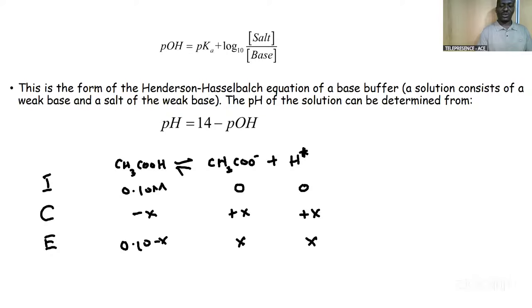All right. So all you need to do is, if you are given the Ka for the acid, like we know this offhand, Ka is 1.8 times 10 to the power of minus 5. So Ka for this acid will be equal to the acetate ion, the hydrogen ion, and of course the undissociated acetic acid.